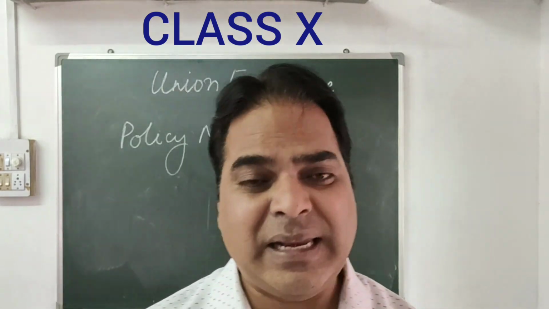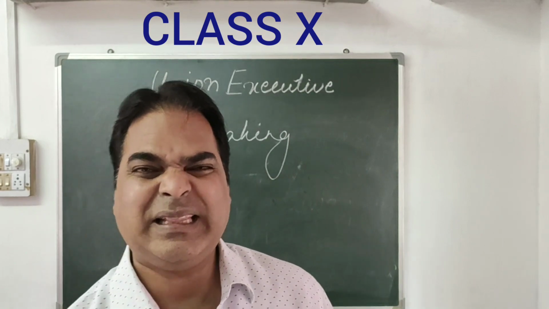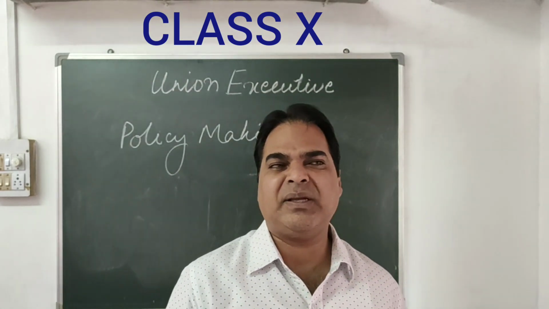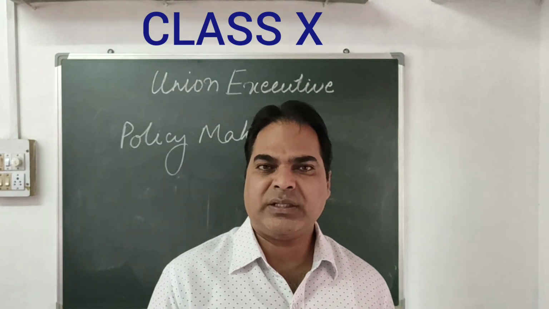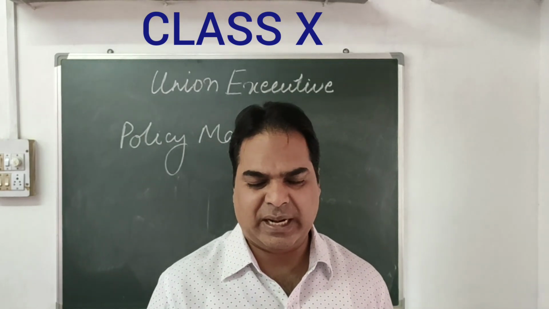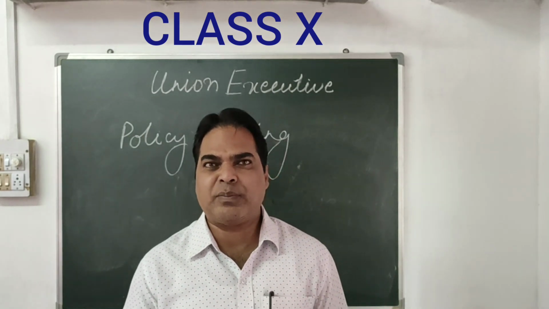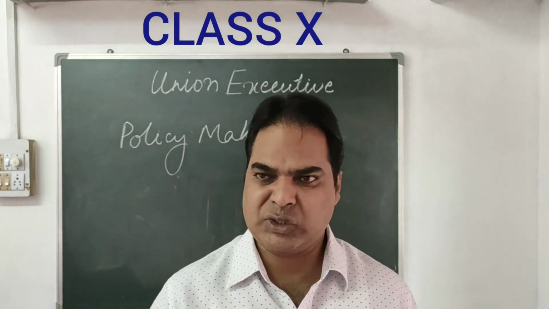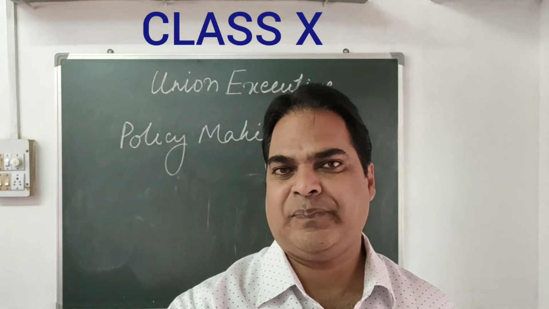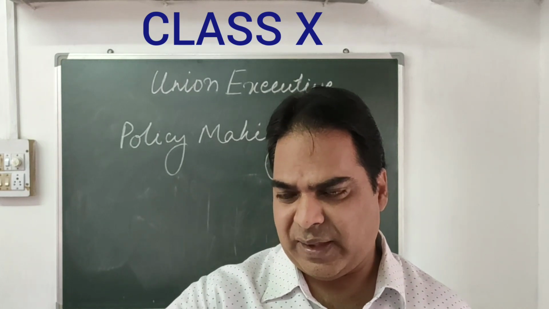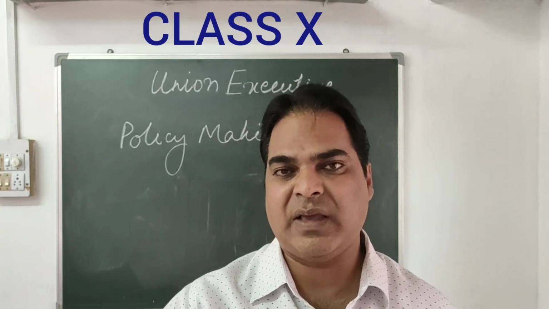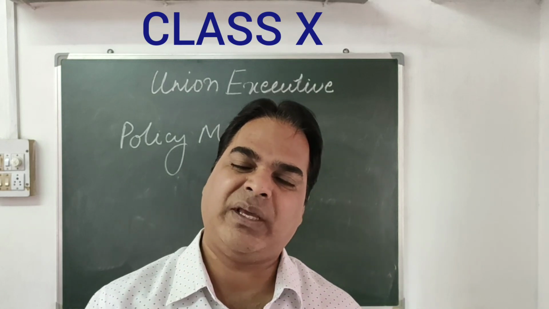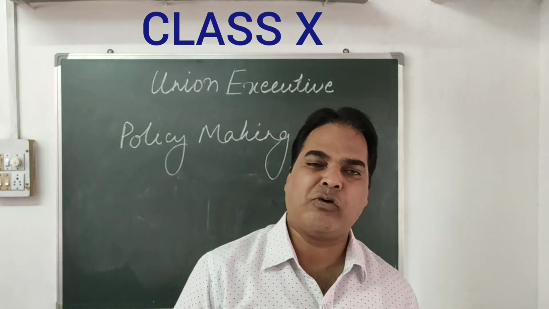We have a Planning Commission, Niti Aayog. Who is the head of the Planning Commission? The Prime Minister is the head. The Planning Commission's main objective is to plan how to run the administration for the 5 years. Because the term is 5 years, within this period, what type of policies should be introduced or enforced on the country?